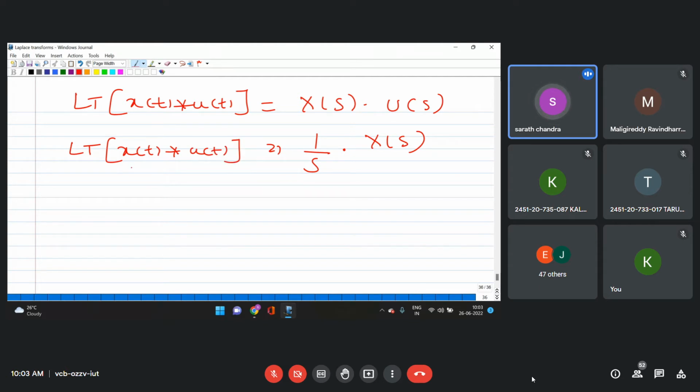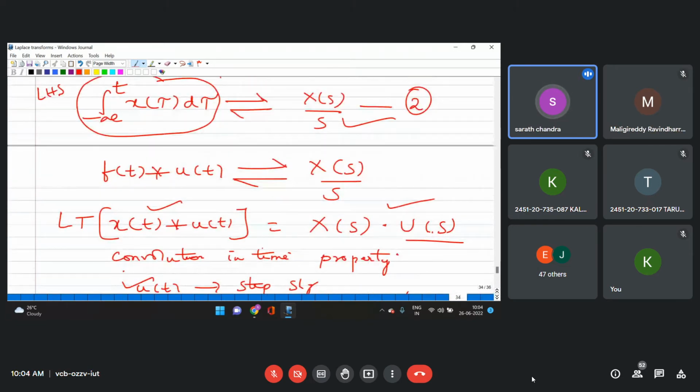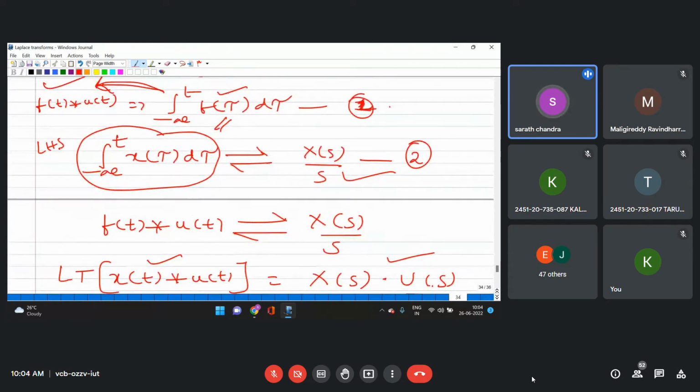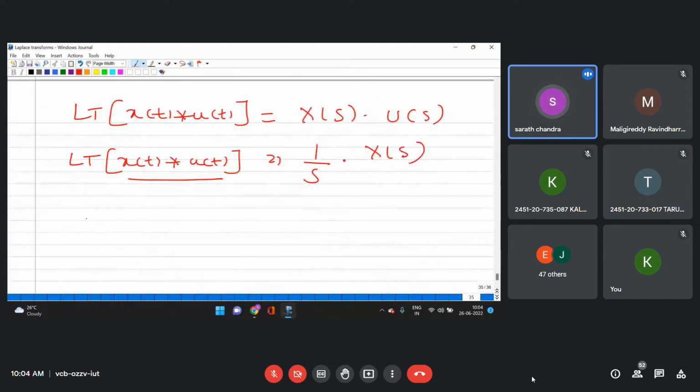But what is this convolution equal to? What is this convolution equal to? We have proved it here. This convolution is equal to the integral from minus infinity to T of X of tau d tau. So in place of this convolution, I'll write the Laplace transform of the integral from minus infinity to T of X of tau d tau, equal to what? 1 by S times X of S. Right?